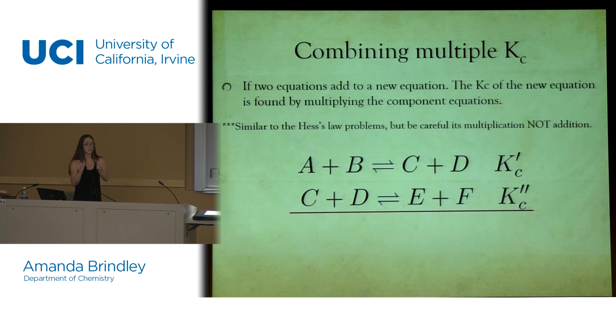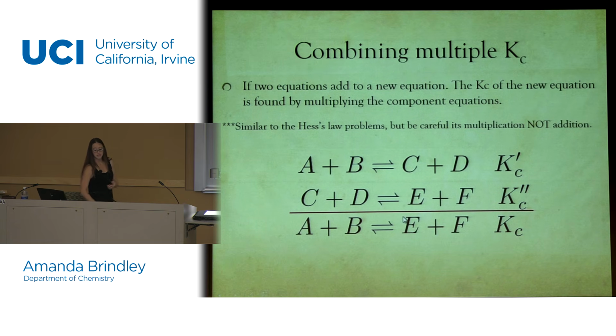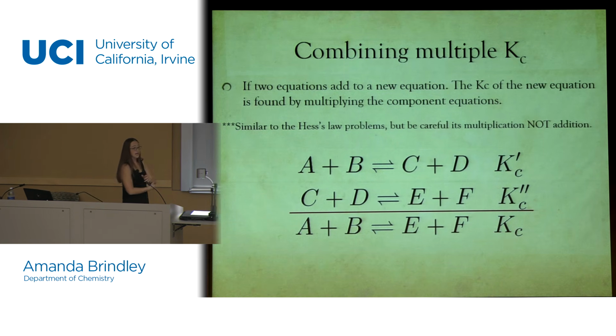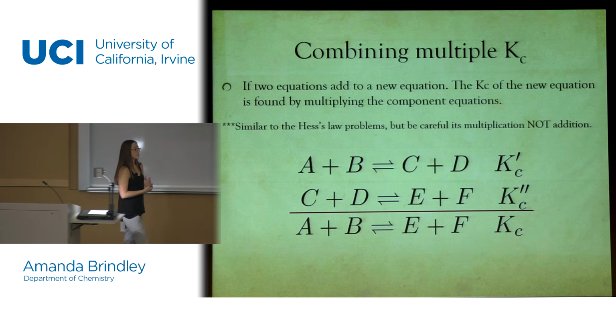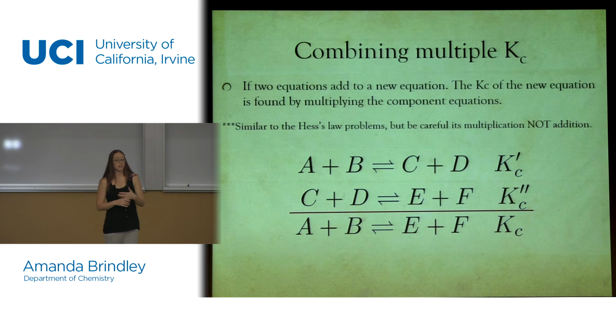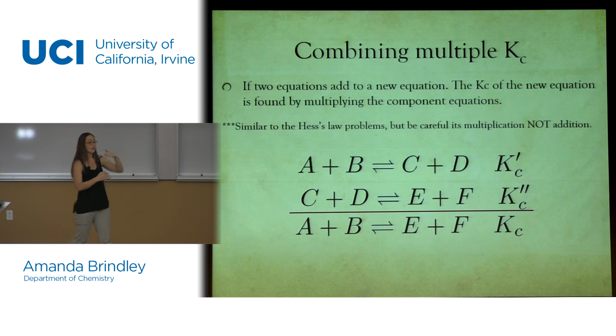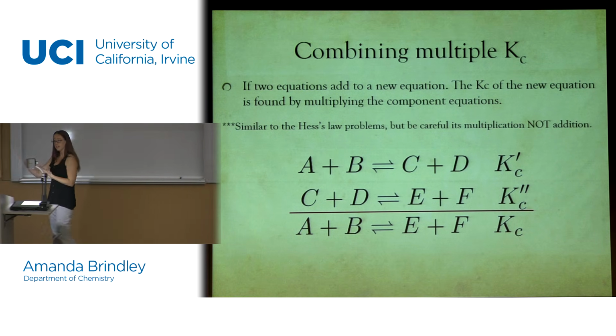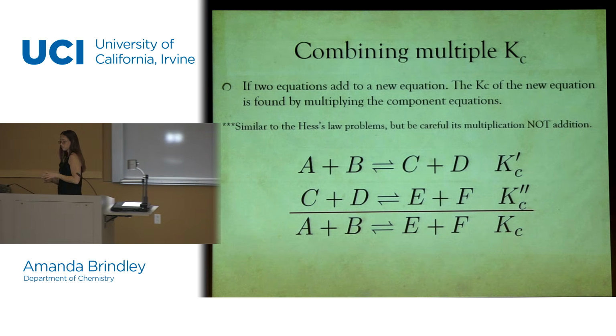If this were a mechanism, it's not, but if it were, what cancels? CD. So those go away, and we end up with AB goes to EF. Maybe this is 2 steps in a mechanism. Maybe it isn't. A lot of times they are. When we get to something called Kf, we'll be saying we have 2 different reactions happening simultaneously and using Ks to find the new K.